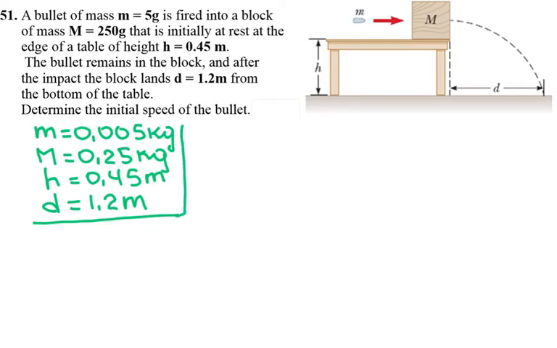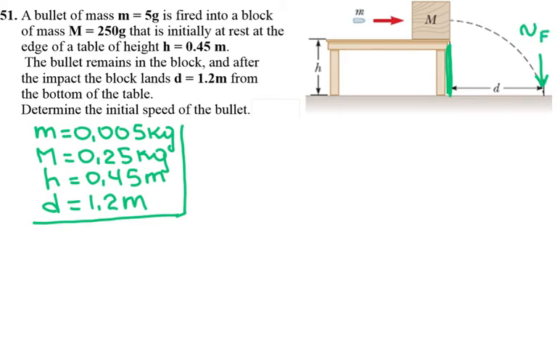Always when I solve these problems, I write everything that is given, because that's the easiest way to start the problem. Next I write the formulas that I know. The height of the table is given, so I can use the formula to find the final velocity.